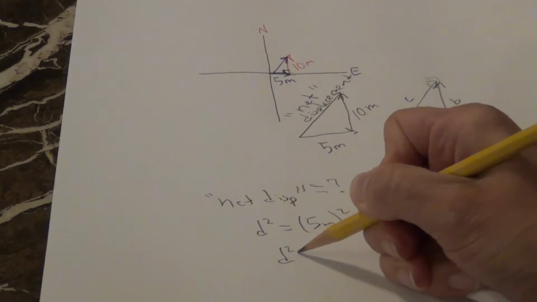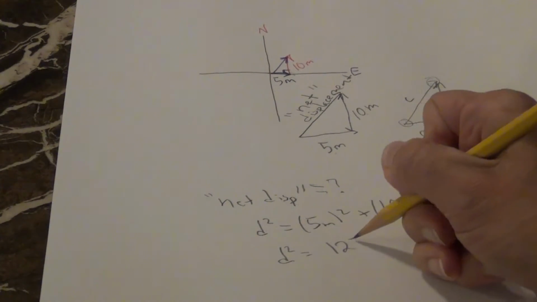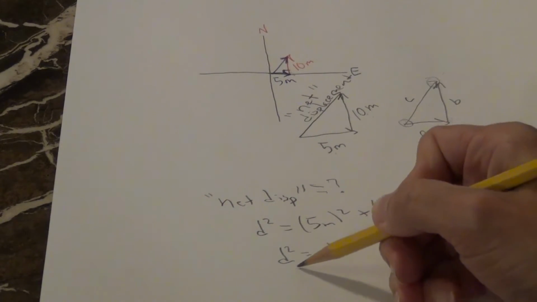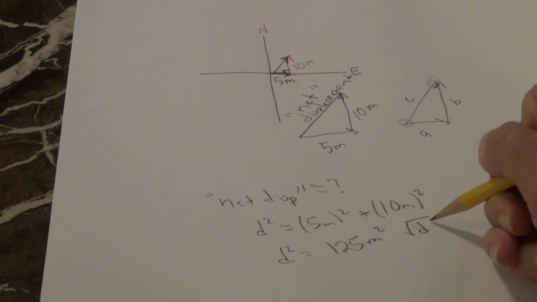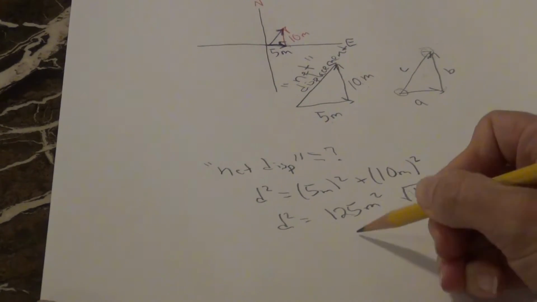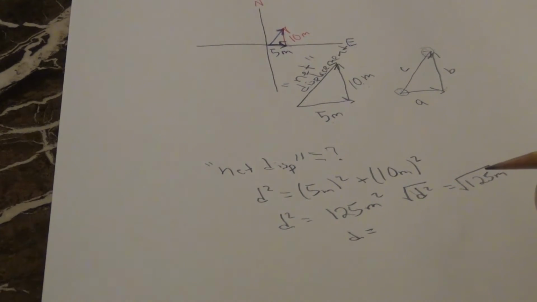So d squared equals 25 plus 100, right? 125 meters squared. If I need to get d by itself, I'm going to take the square root of each side. Square root of d squared equals the square root of 125 meters squared, and that gives me d equals, what's the square root of 125?